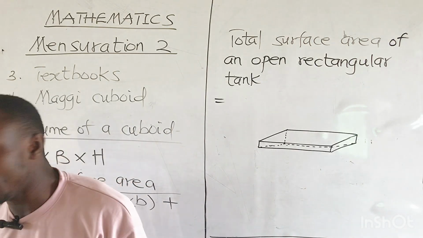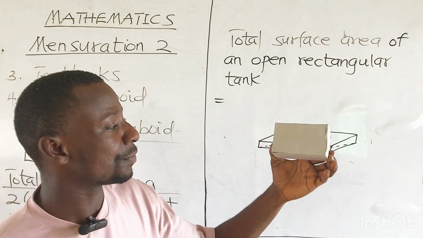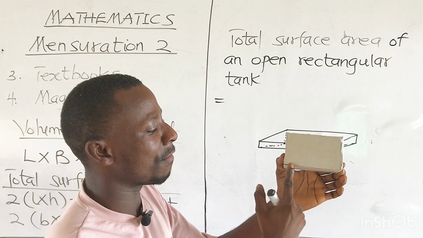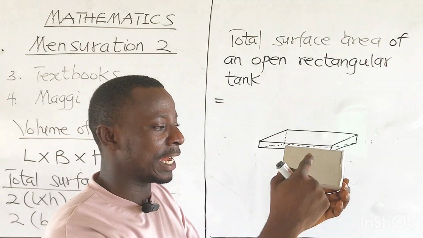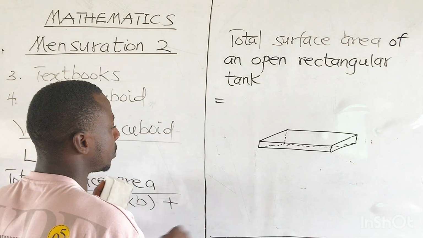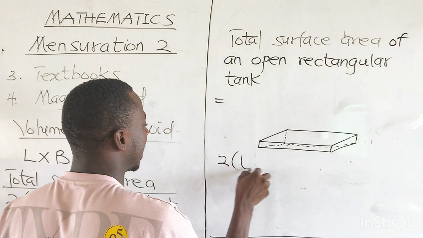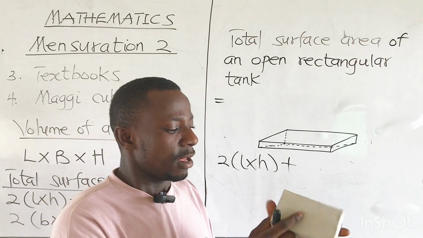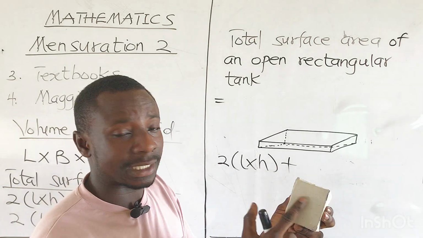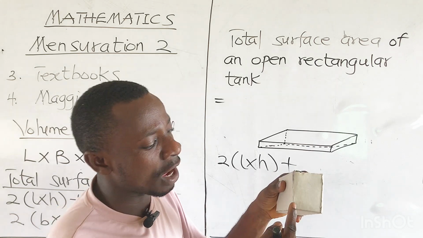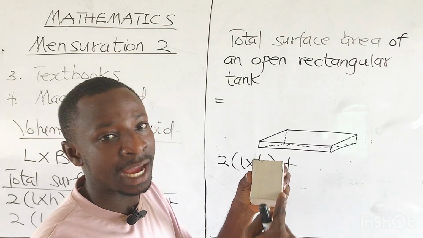So if I am still considering this artifact, this side is available, so we have length, we have the height, and this part is also available. So we are going to have 2 multiplying the length times the height. Again, this part is available, this part is also available, and here we have the breadth and we have the height.